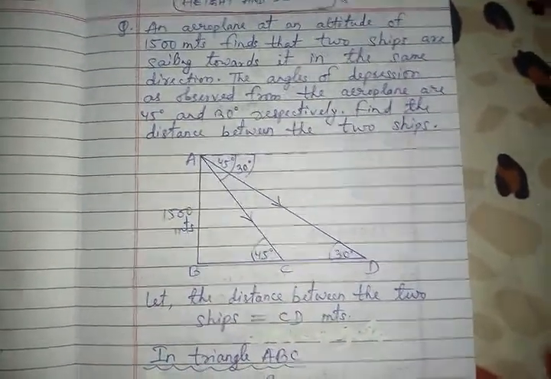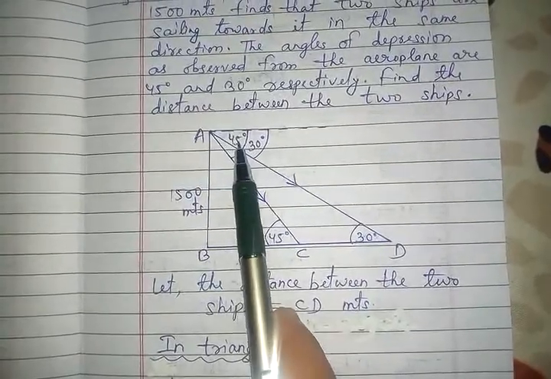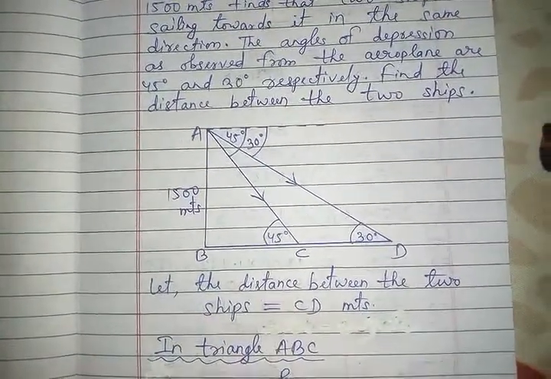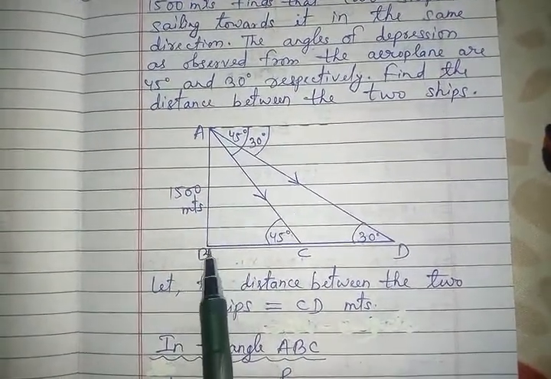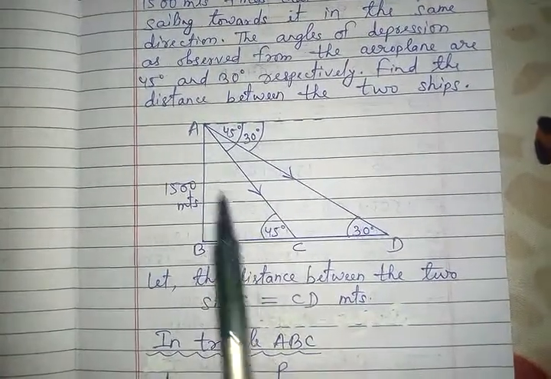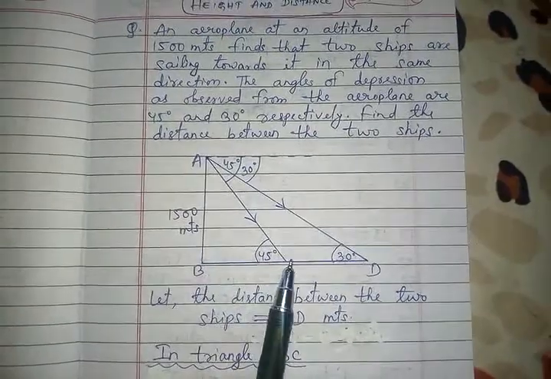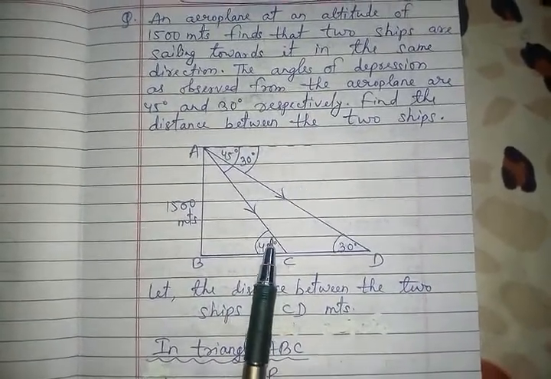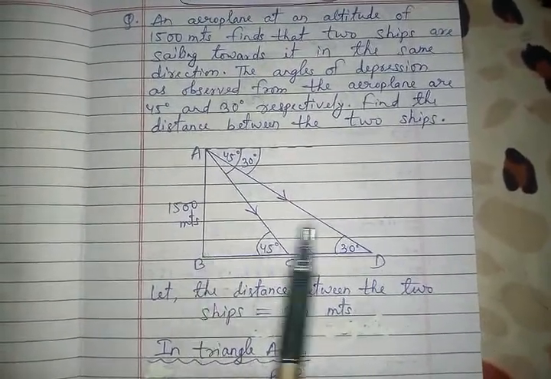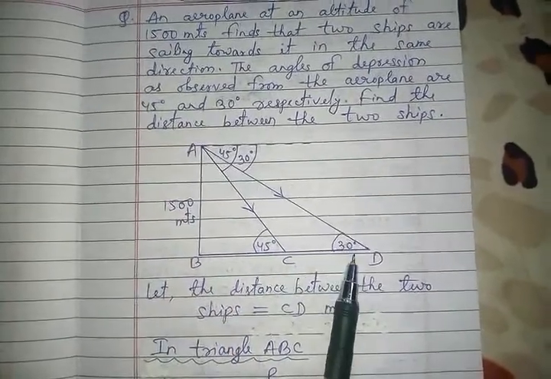Now you might be saying, sir, why not here 30 and here 45? Then let me tell you, the angle which is nearer to the vertical line is the greater angle, and the angle which is far away from the vertical line is always smaller.